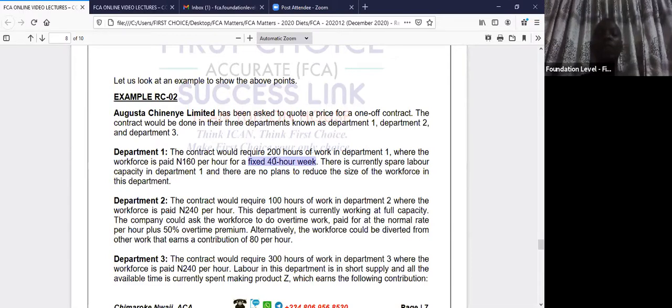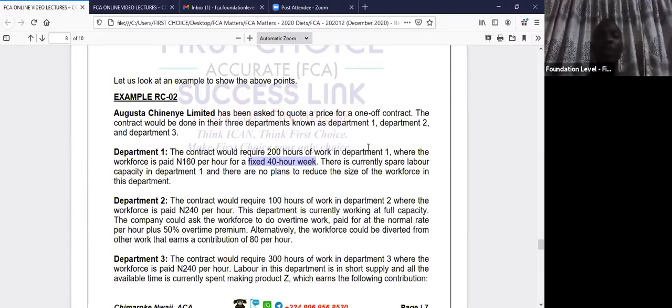Fixed 40-hour week. The word fixed, either 40-hour week or anything you see here, that fixed means they are paying you for a fixed amount of time, whether you work or not. Another way you can see it is guaranteed 40-hour week.